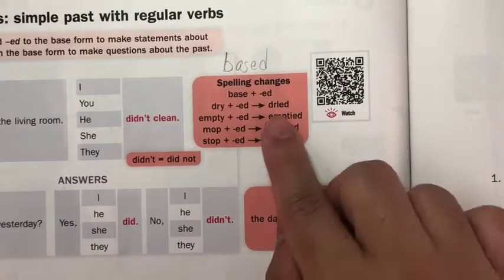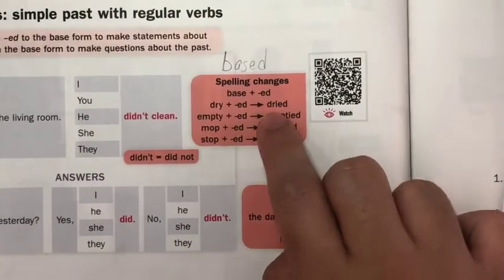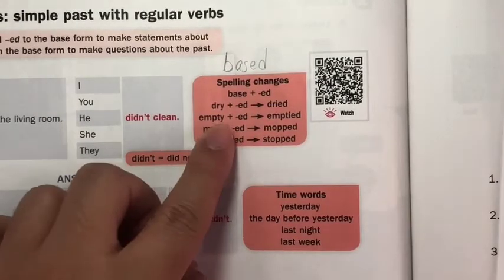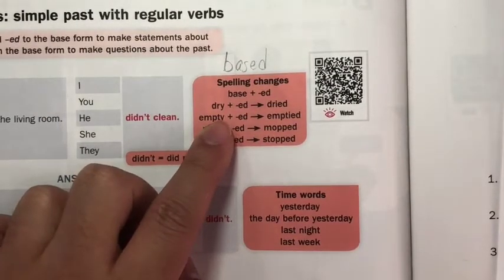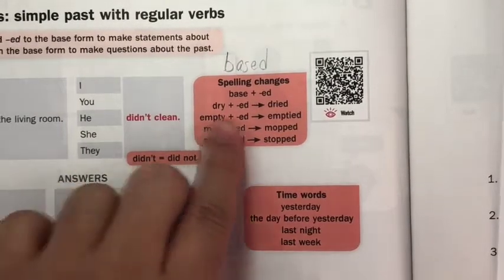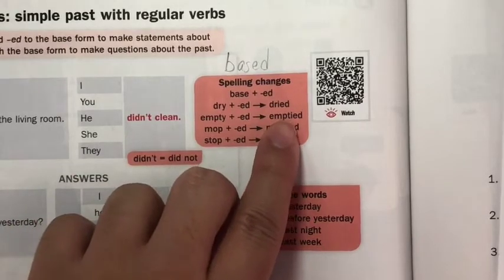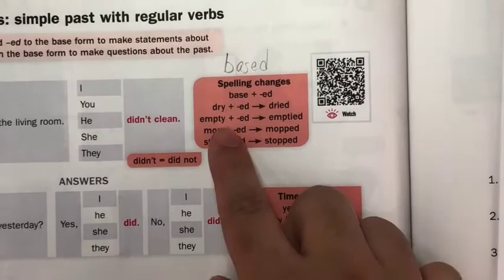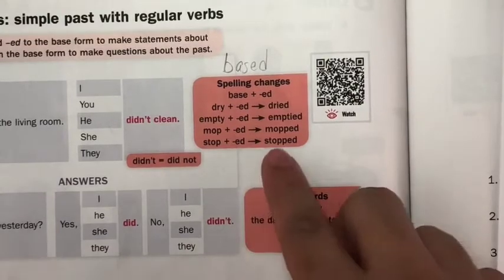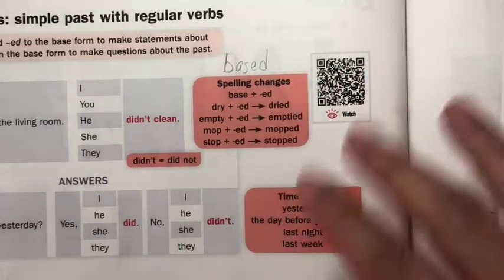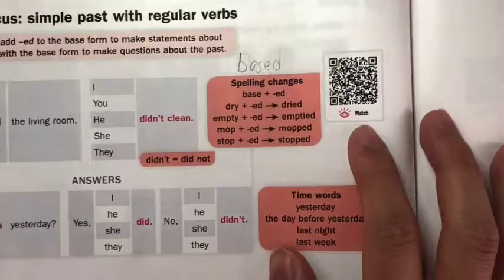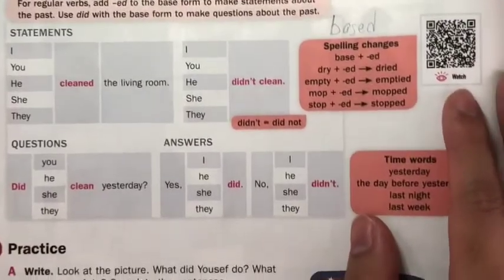So dry becomes dried. Empty ends with the letter Y, so you change the letter Y to IED. Emptied. Oh, and mop and stop are a little different because you write 2 P's. It's okay. Spelling is not important here.